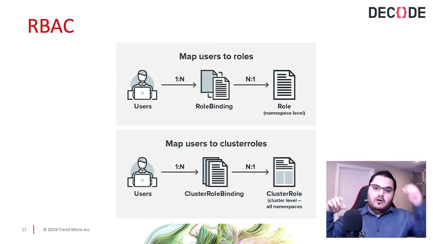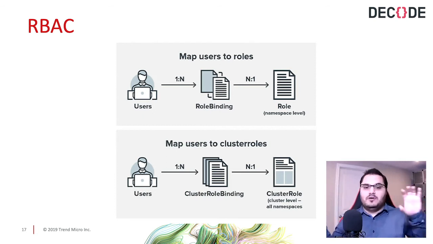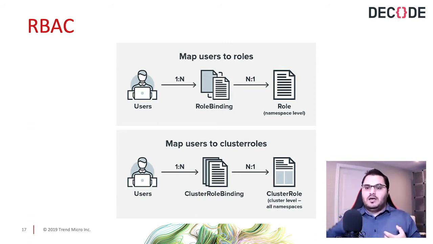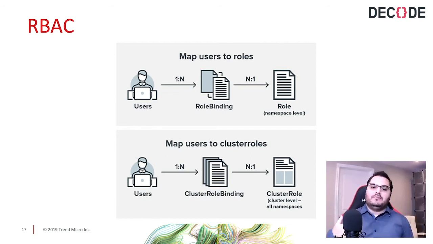On the top image there, you have the role at a namespace level, a role binding, and a group of users, right? So it's basically a set of permissions in a role, and the role binding connects the users and the role together, binding them together. The same goes for the other objects, the cluster role and the cluster role binding.